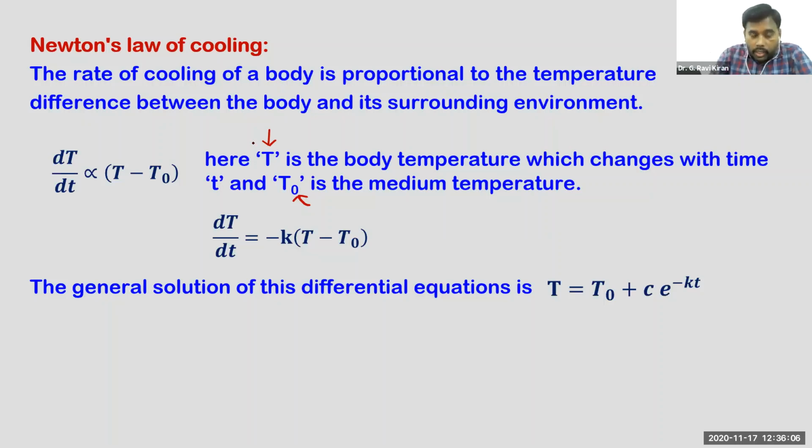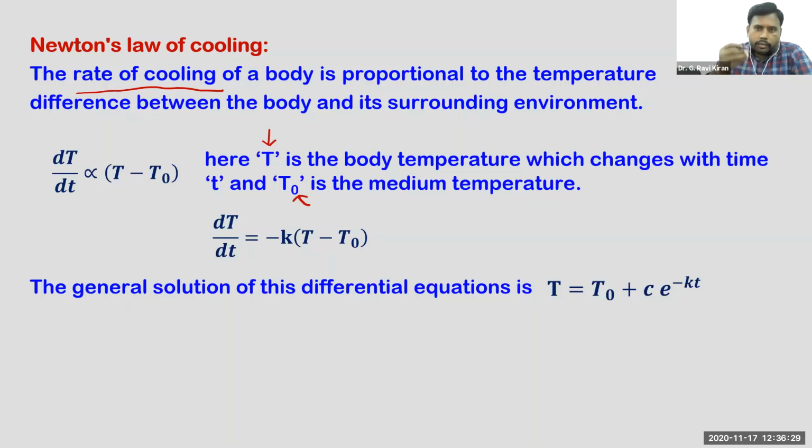Now see, whenever you are keeping a body of temperature T in a room of temperature T0, Newton's law of cooling says the rate of cooling of the body, whether it is cooling or heating up, there will be a change in temperature.